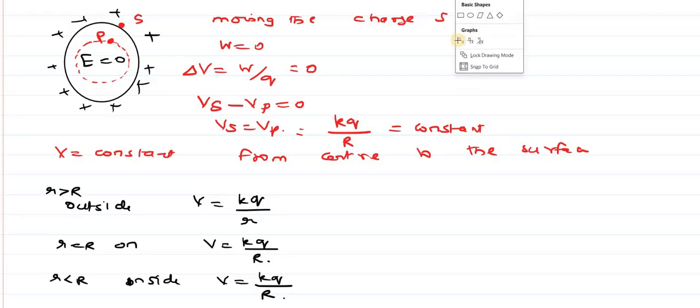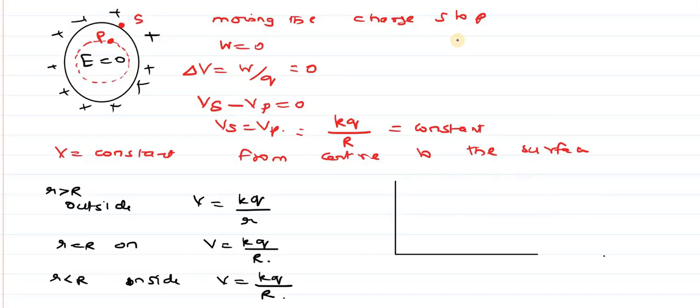So if I draw the graph between these two things, what will it be? So this is V, this is small r. When r equal to R, that is the maximum value, and from the center of the spherical shell to this point, it is equal to kq by R, maximum, correct? Then it is inversely proportional.